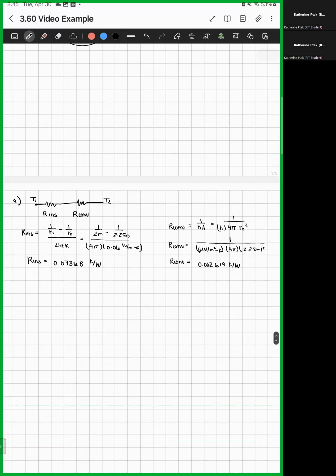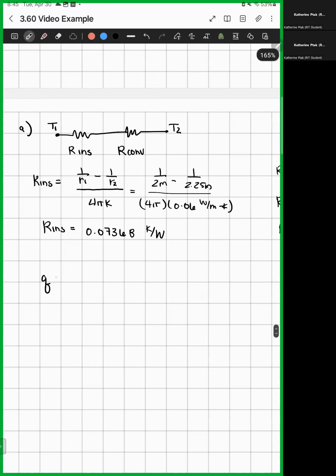And if we do go over here, you can find Q equals T2 minus T1 over our insulation plus our convection resistance.